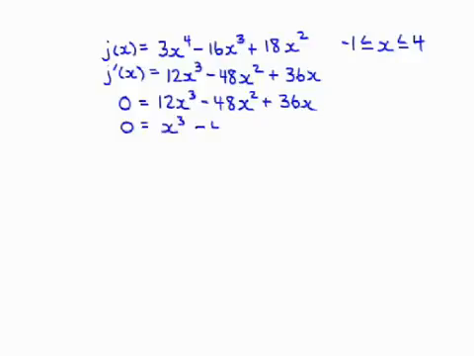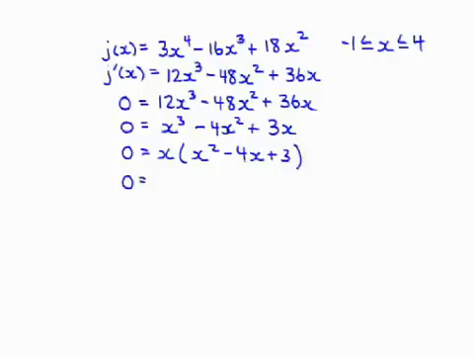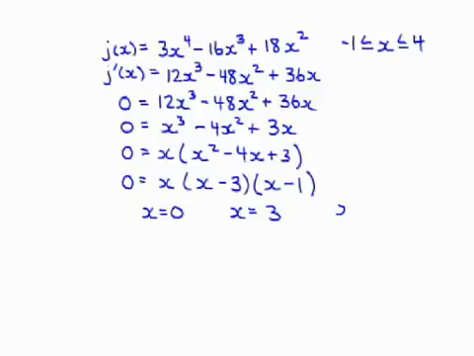Then we common factor an x out, and then the resulting quadratic can be factored further by inspection. So we end up with 0 equals x times (x minus 3) times (x minus 1). So that produces three values for x. It gives me x equal to 0, x equal to 3, and x equal to 1.